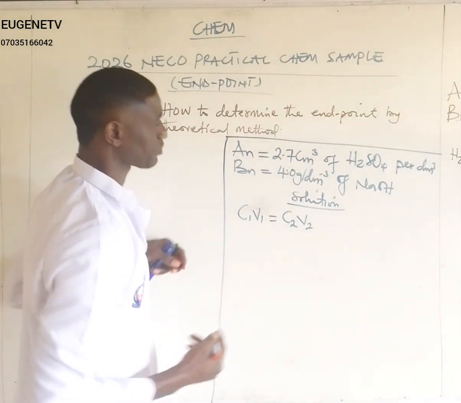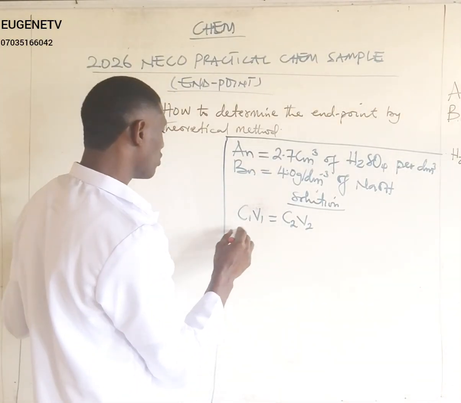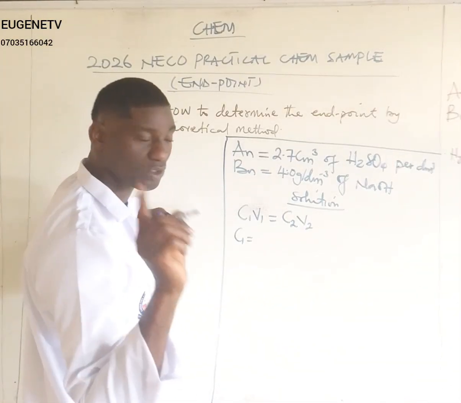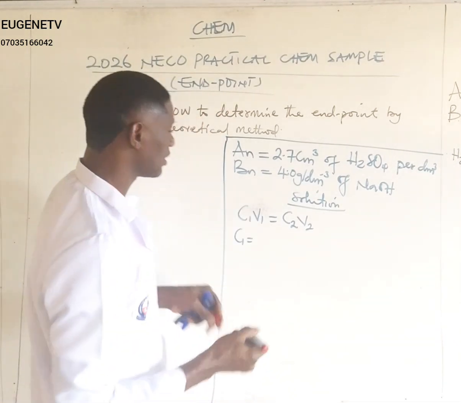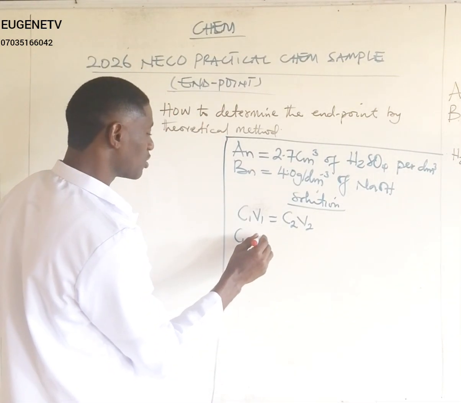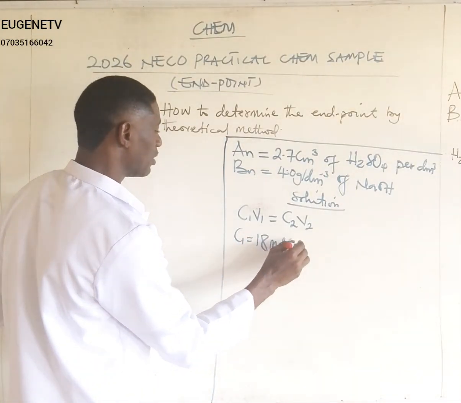From our parameters given, the concentration of the acid is the stock concentration, and of course, anytime you get stock tetraoxosulfate(VI) acid, the concentration from the industry is usually given as 18 mole per Dn cube.